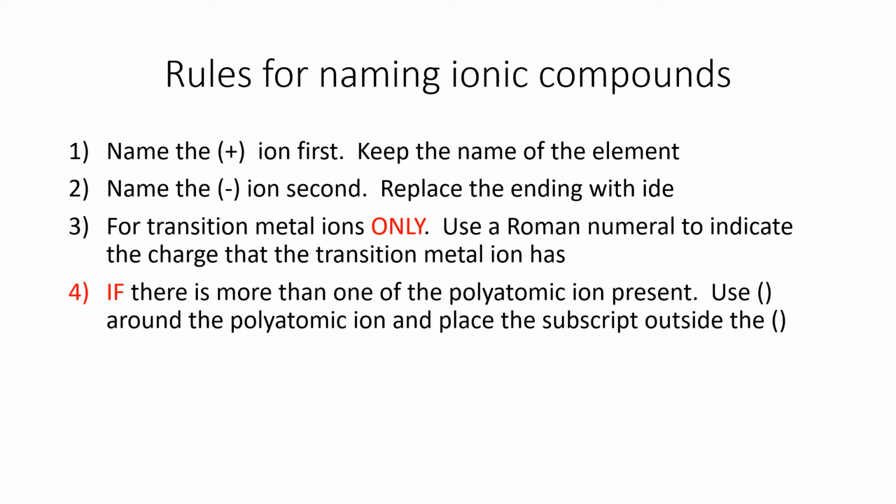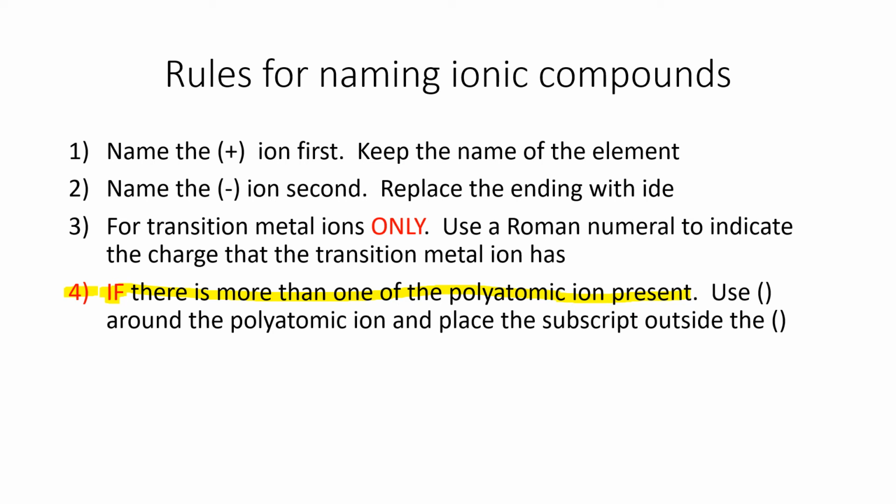So we didn't quite get at the last rule yet. That's coming up in our next example. That's rule 4. So we dealt with rule 1, rule 2. We did transition metals for rule 3. Rule 4 applies to the polyatomic ions. And it's the if rule. If there's more than one of the polyatomic ion present.